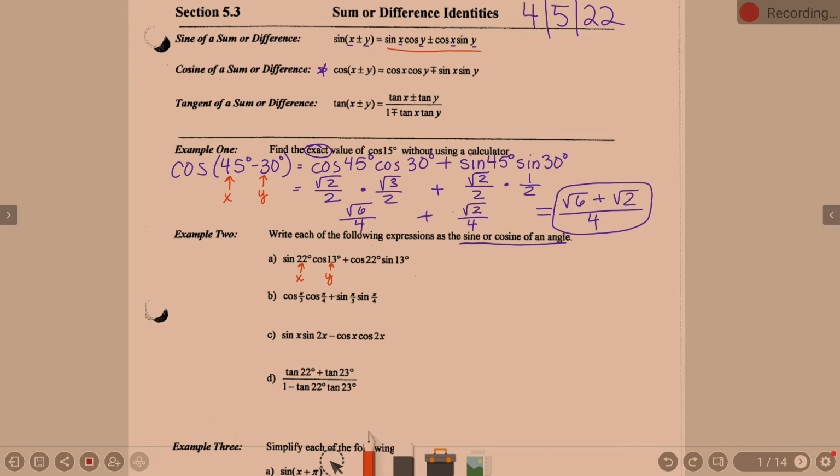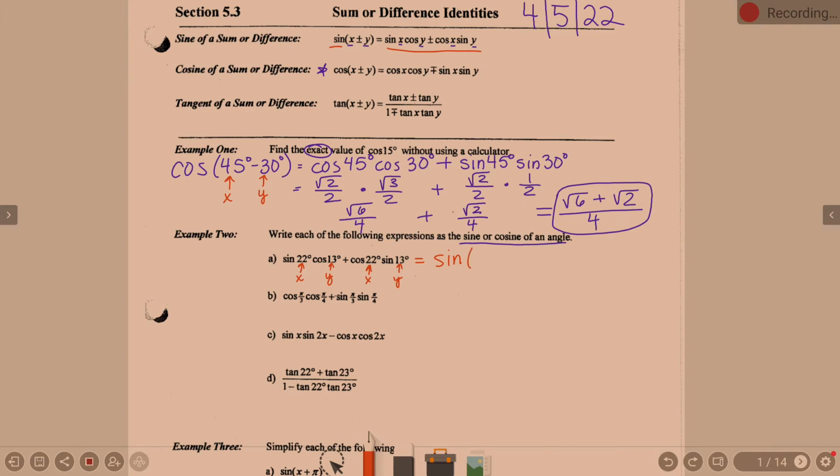Plus cosine of x times sine of y. So this fits the form of sine cosine plus or minus cosine sine. So this is the sine of x plus or minus y.